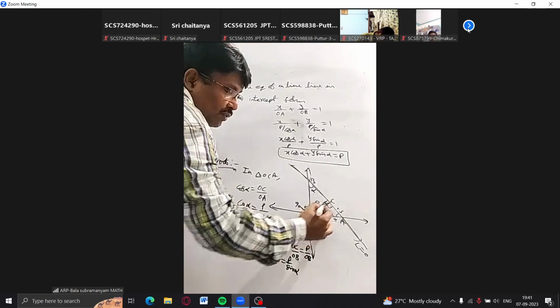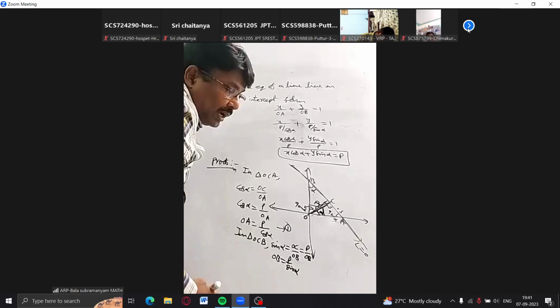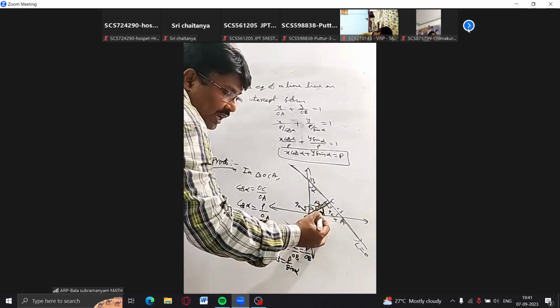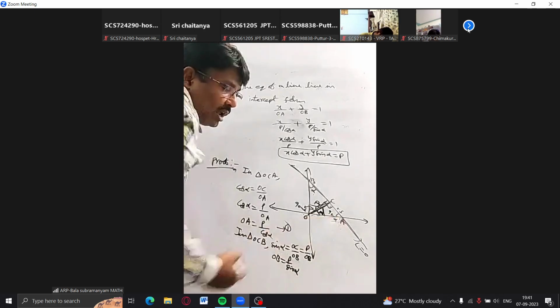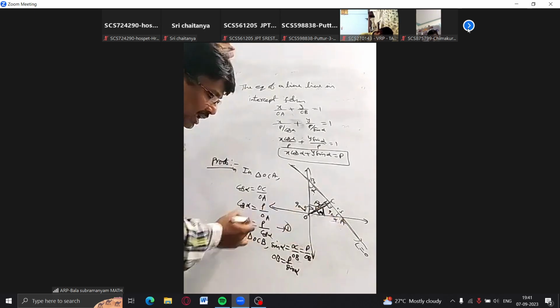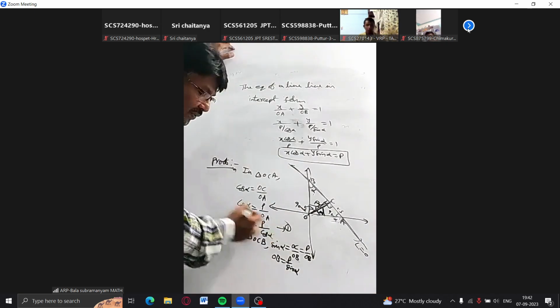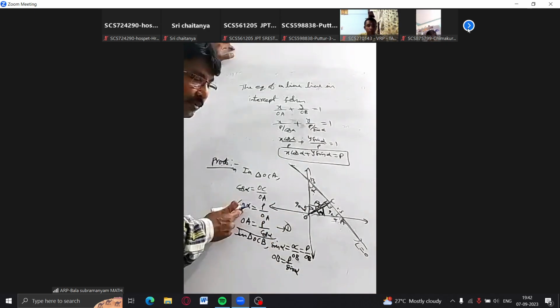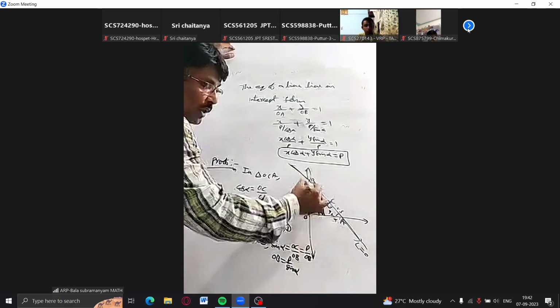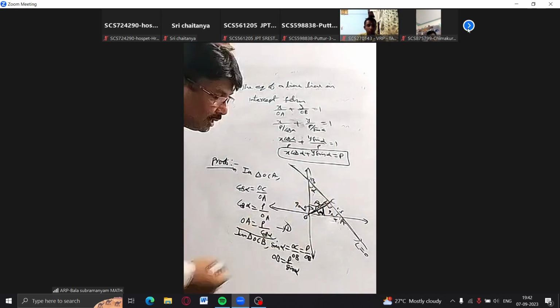Here OCA forms a right angle triangle. Angle at C is 90. Given angle at O is alpha, the remaining angle is 90 minus alpha. From this triangle, first find the length of OA by using cos alpha. Similarly, OCB is also a right angle triangle.